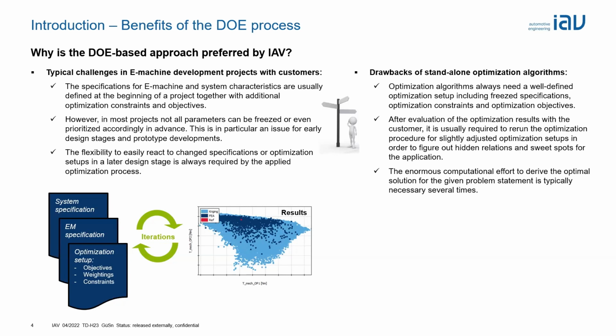But after evaluation of the optimization results with the customer, it is usually required to rerun the optimization procedure, sometimes several times, for just slightly adjusted optimization setups in order to figure out hidden relations and sweet spots. This means that we have the enormous computational effort several times.